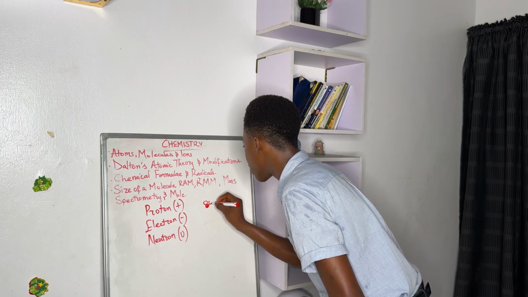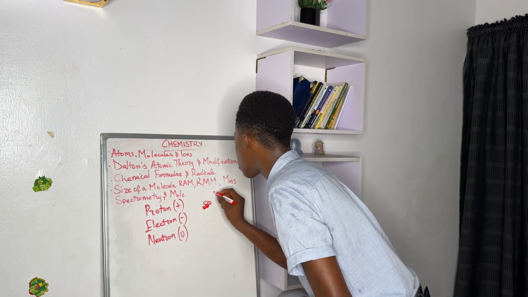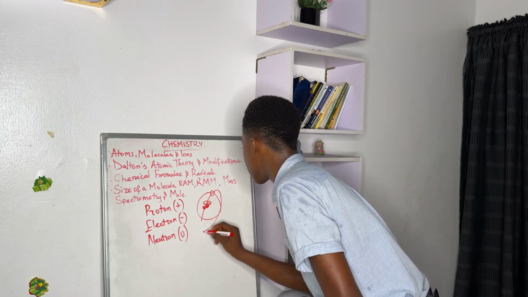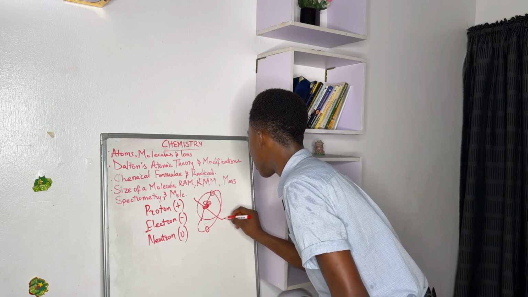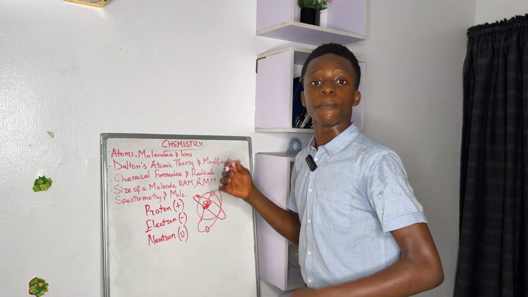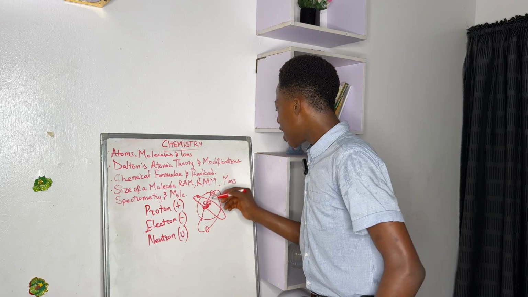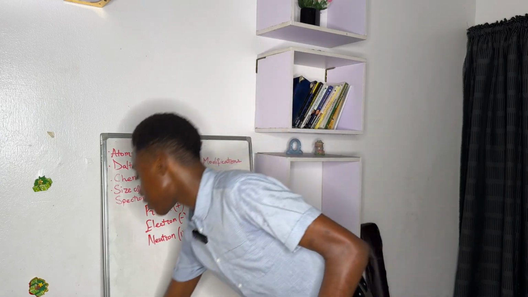So the proton and the neutron were like the nucleus of the atom, and then the electron was orbiting around the nucleus. This is called Ernest Rutherford's planetary model of an atom. Just imagine the Earth and Mercury and Venus and the other planets orbiting around the sun, and the sun is the nucleus while the electrons are the planets.